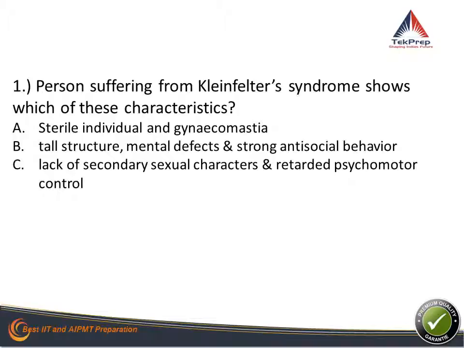They have small testes with the possibility of testes shrinking slightly after the teen years, and because of less testosterone, they have less muscle, less hair, and less sexual interest and function.